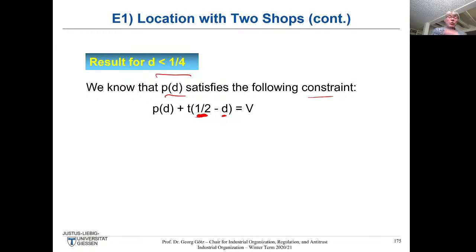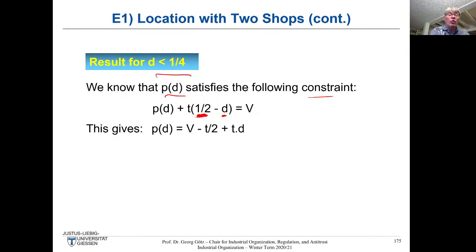If d would be 0, it would be 1/2, because then the shops would have been located at 0 and at 1. If it's 1/4, it would be 1/4. If it's 1/10, it would be just 1/2 minus 1/10. And so that's how we determine the price.